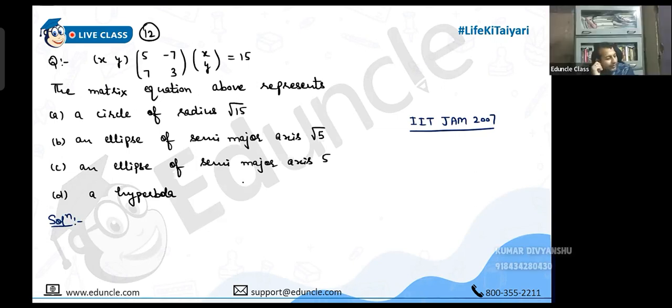So what does this matrix equation represent? Very good Durga, Kapil, Rita. Am I right or wrong?